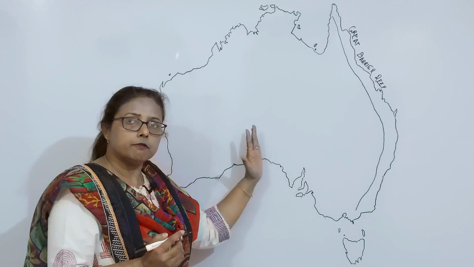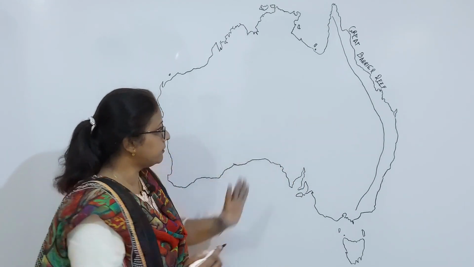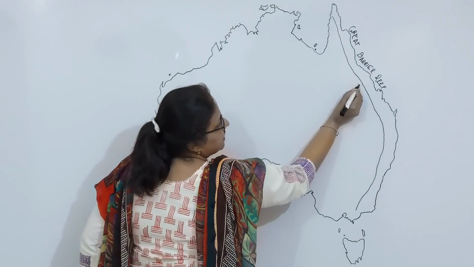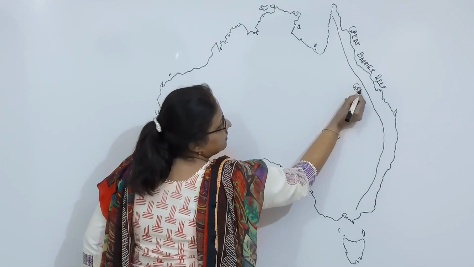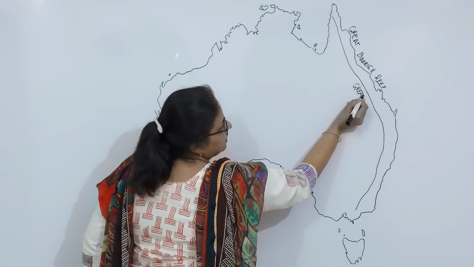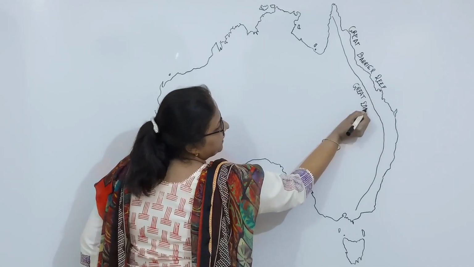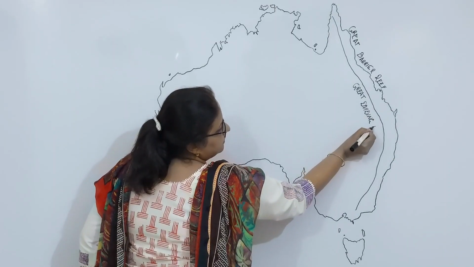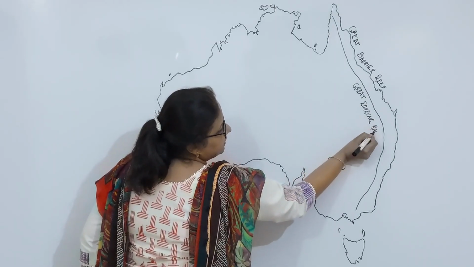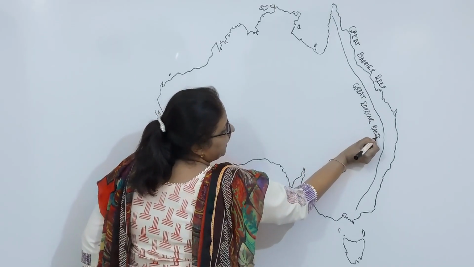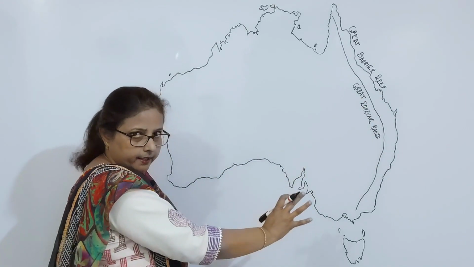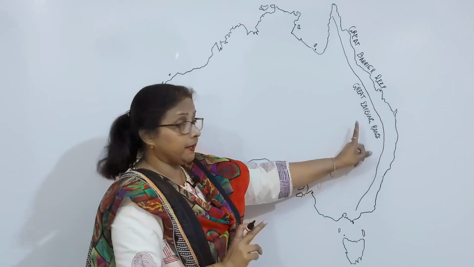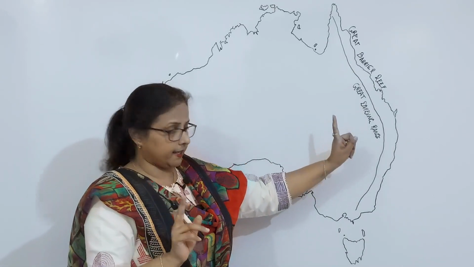Now let us move further. Before that, I'll just write over here, this is known as the Great Dividing Range. Everything in Australia appears to be great. Here we write the Great Dividing Range. Please remember to do the labeling with black color.